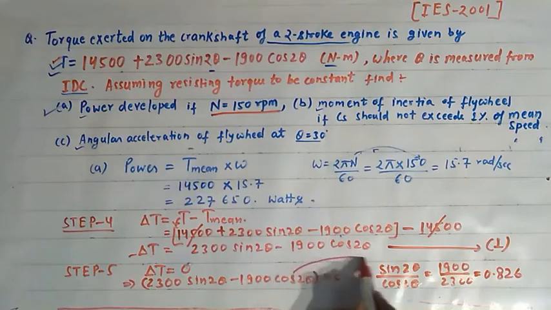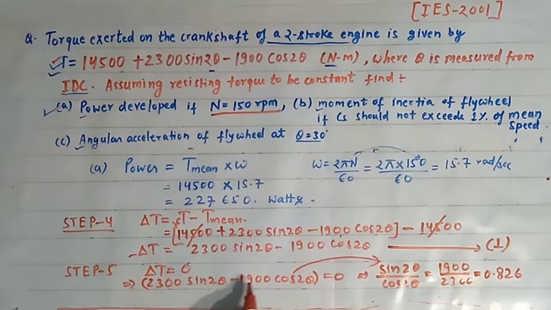Using this equation. When you solve this equation, you take 1900 cos 2 theta to this side and 2300 sine 2 theta on that side, and when you divide, you are left with this term, that is 0.826.